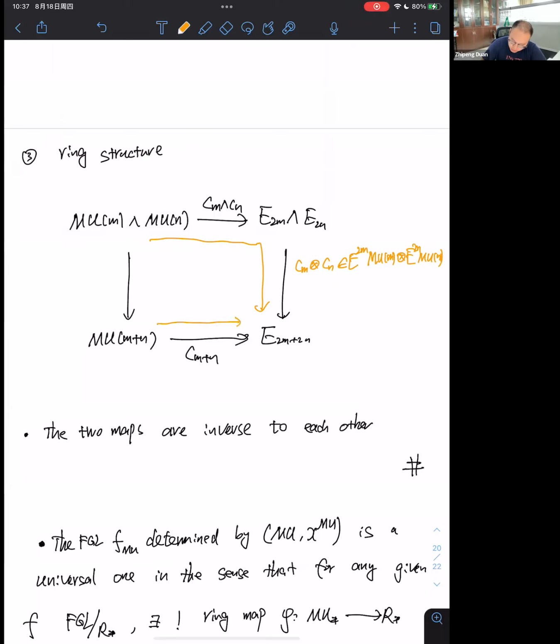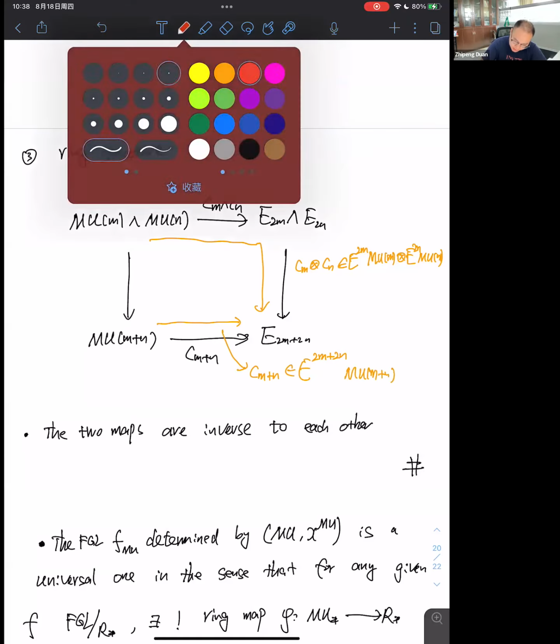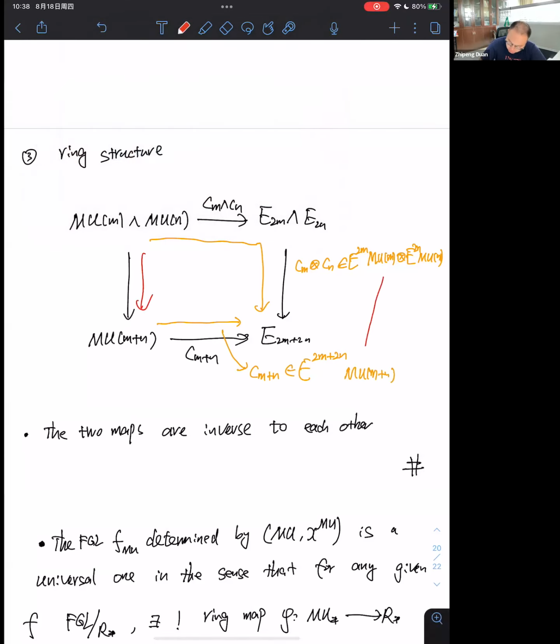And if you go along this way, it's just Cm plus n in the generalized cohomology of MUm plus n. The commutativity is just guaranteed by the red map on the cohomology level. It will map the Chern class Cm plus n to the tensor product of the Chern classes Cm and Cn. So we actually constructed the map, and also the inverse map.